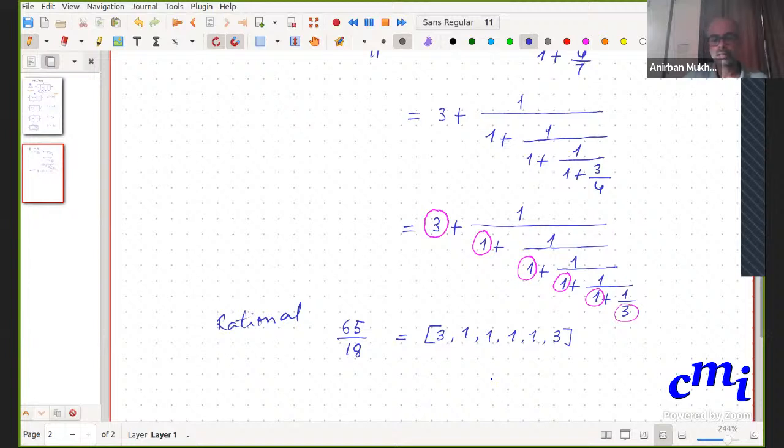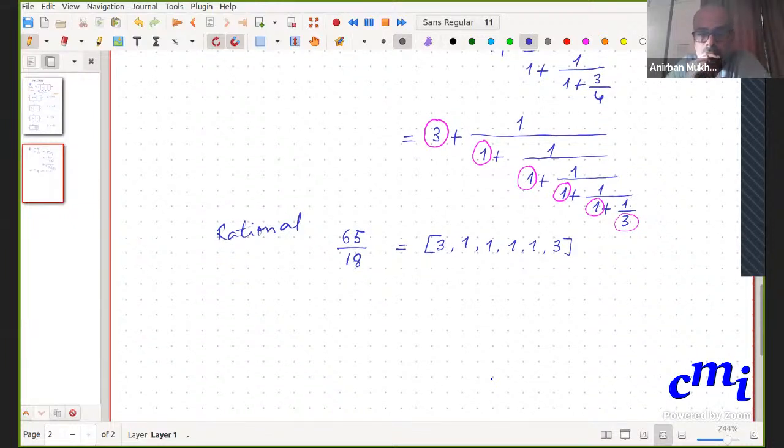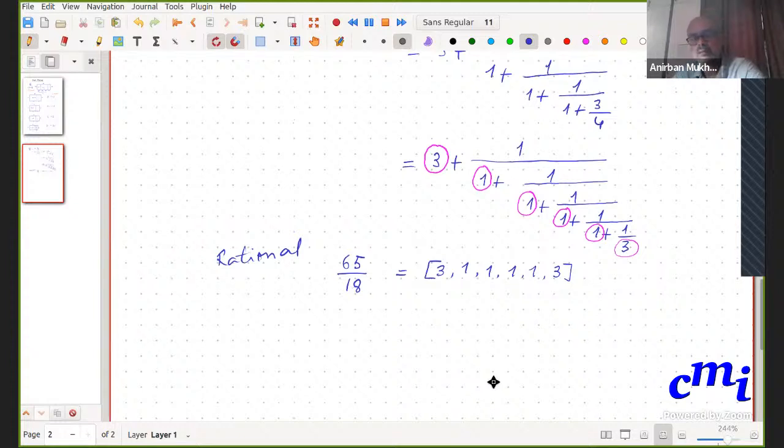It's not entirely obvious from what we have done. So we have actually written down a kind of an algorithm which terminated, but we have to show that this is not an accident. Every time you start with a rational number, it's going to terminate. So we'll see that. But before that, I would like to talk about another example, which is not rational.